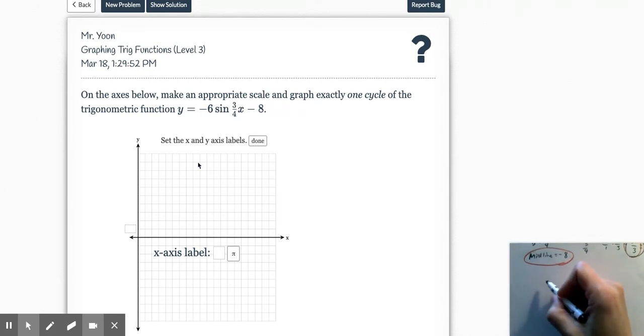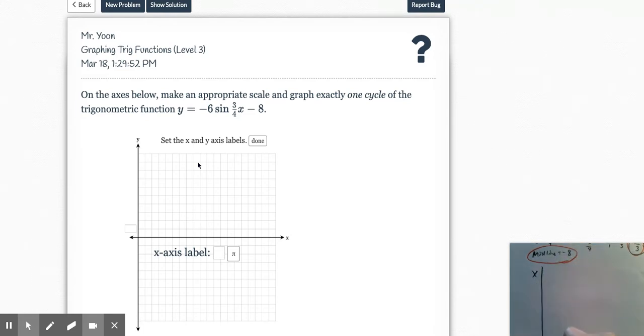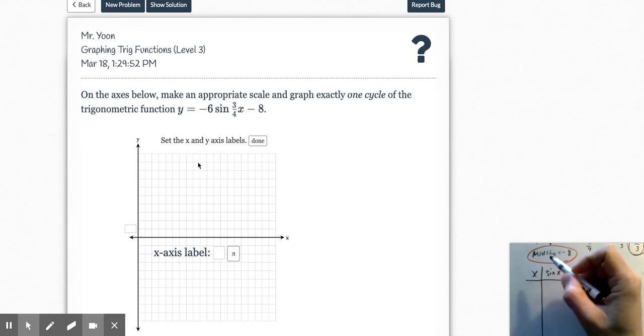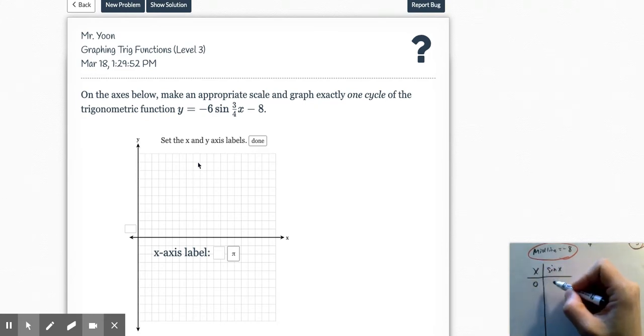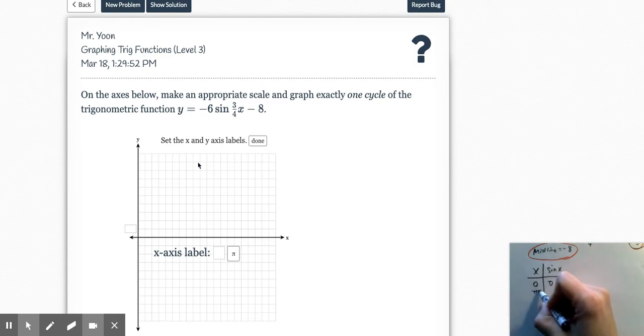I might not do the entire thing, but remember that if you had x as one variable, and then the sine of x, the basic table went something like this: when you're at 0, sine is 0. When you're at the 12 o'clock, pi over 2, it's 1.